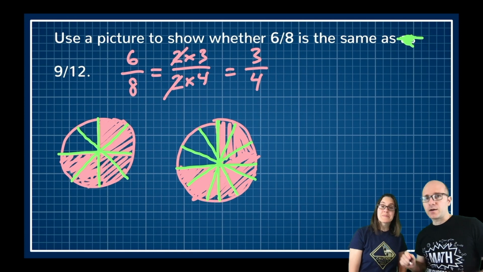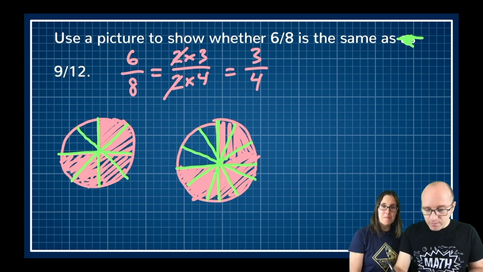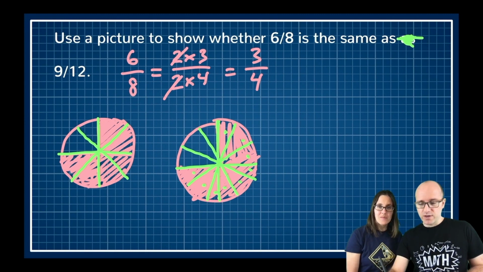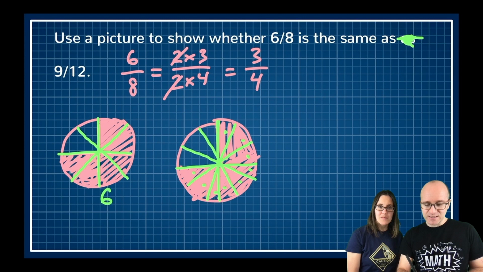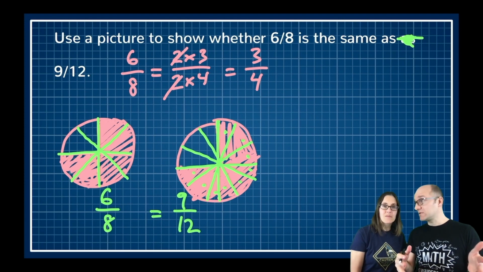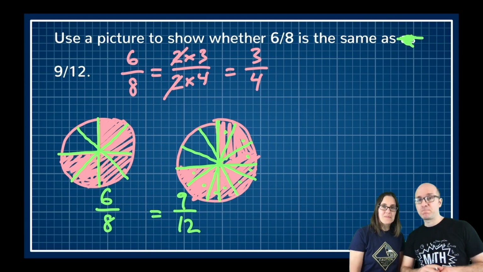Just counting them up, 1, 2, 3, 4, 5, 6, 7, 8, 9, 9/12. So all in all, we're able to conclude that 6/8 was equal to 9/12 because they both represent that same portion of the pizza. They both represent 3/4.